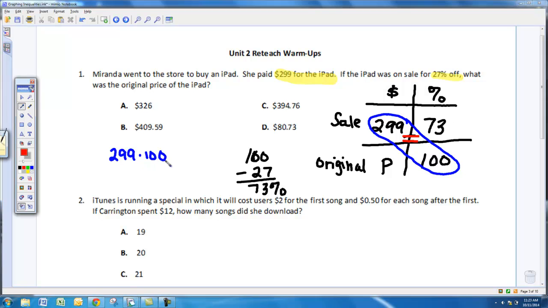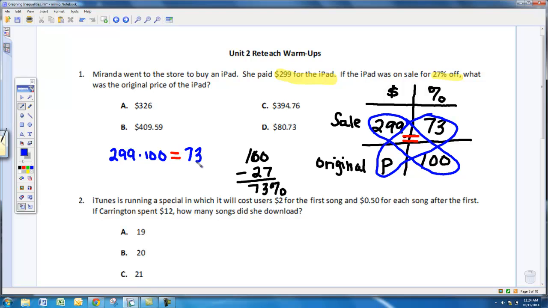And that should be equal to 73 times P, or 73P. 299 times 100 is 29,900. To find P, we need to divide both sides by 73.